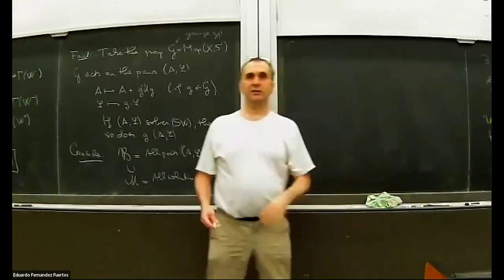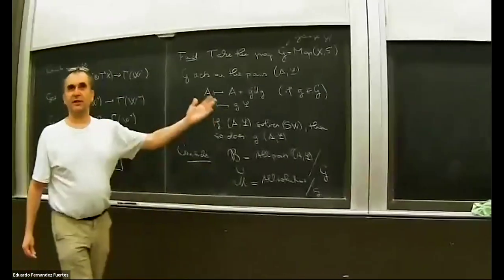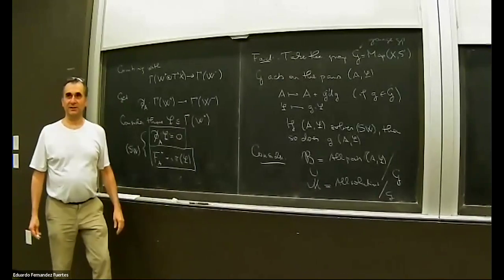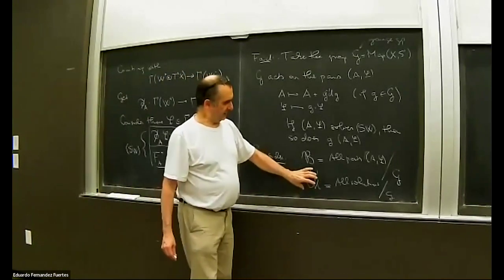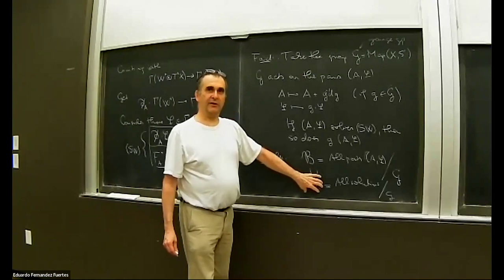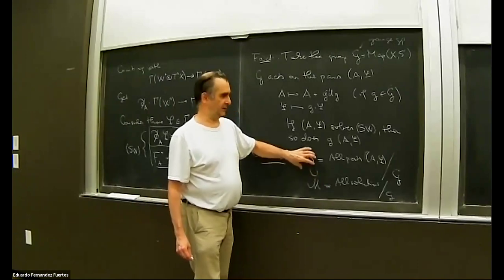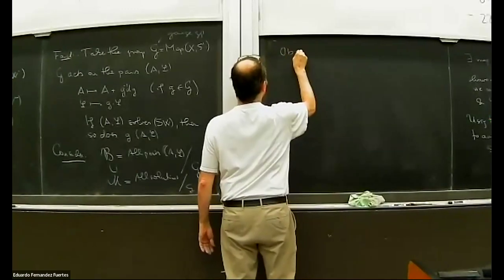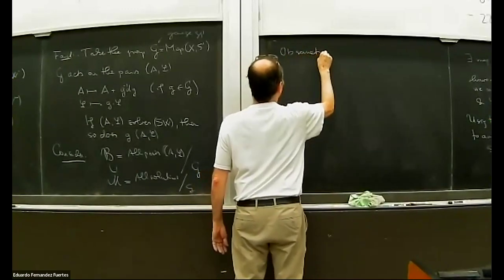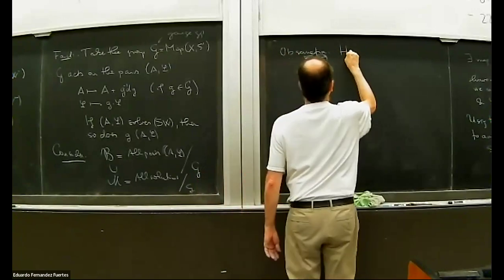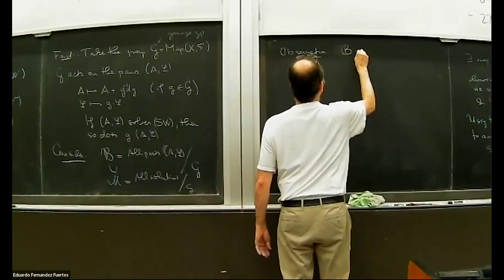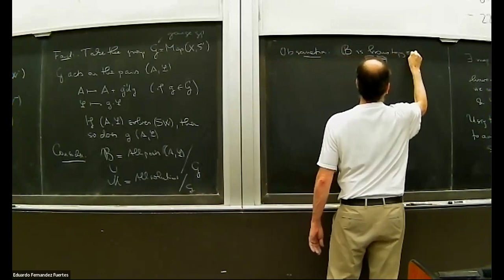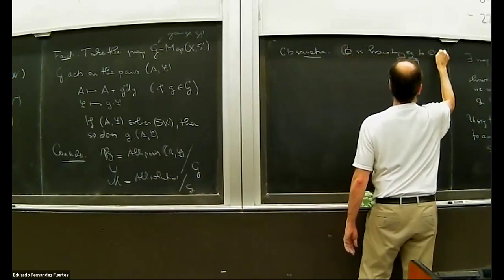So far it was mostly topology with a little differential geometry, and this is where the complication starts. Because we would like to say that indeed, this guy represents a homology element in B. So the first observation is that this B is homotopy equivalent to CP infinity.